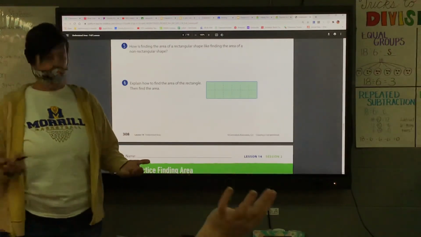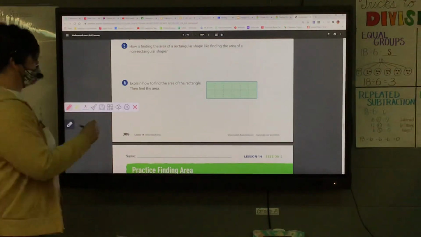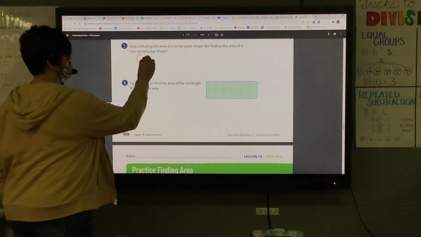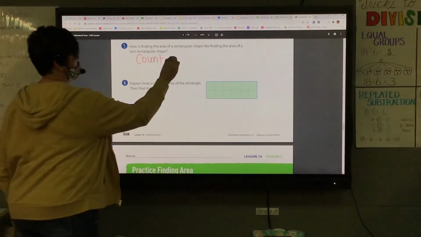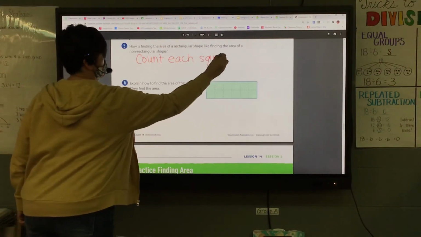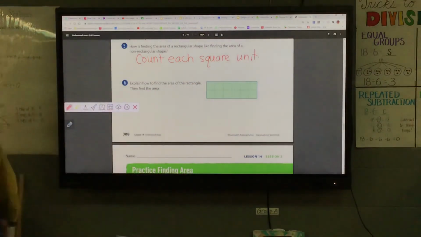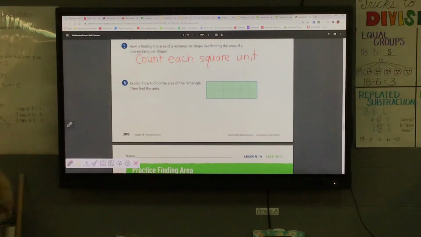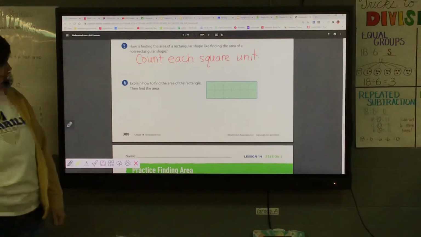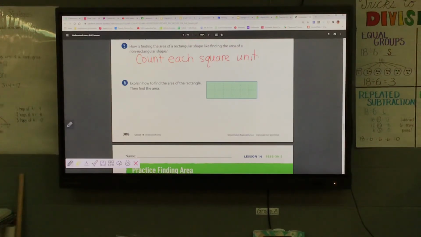Amy? We counted each unit square. Ah, perfect thinking. Let's jot that down. Count each square unit. Sure. She asked if you could abbreviate square. That's totally fine.